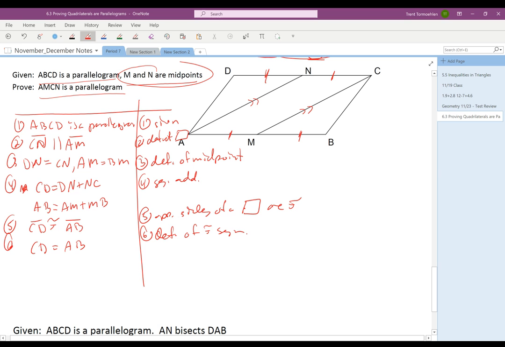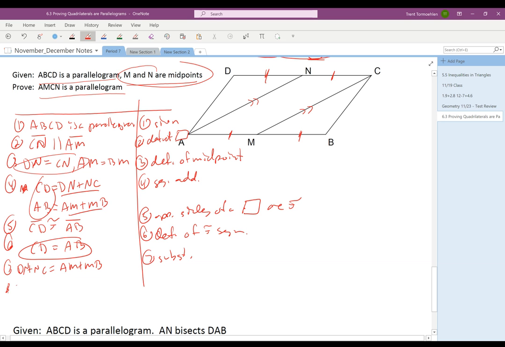We can say that these two are equal to each other because these two are equal to each other, right? So I can say that DN plus NC equals AM plus MB by substitution. I can do another substitution.